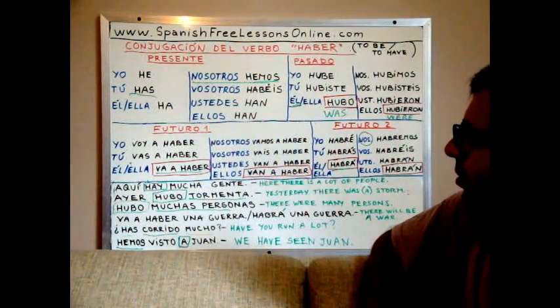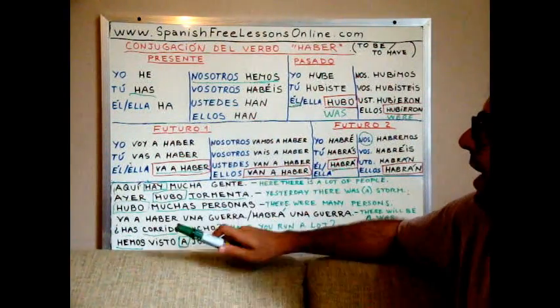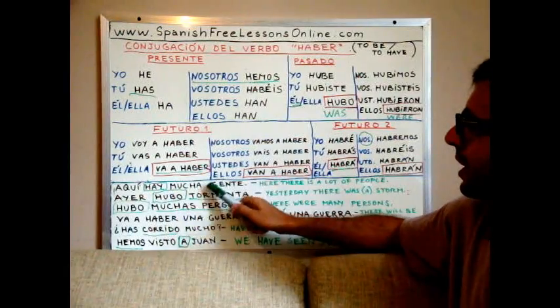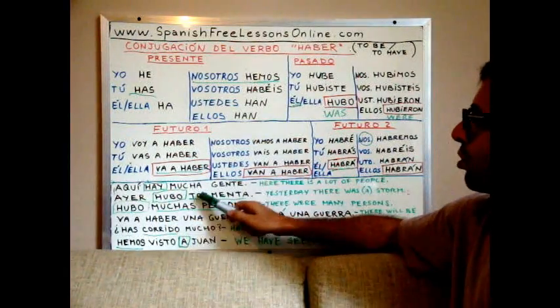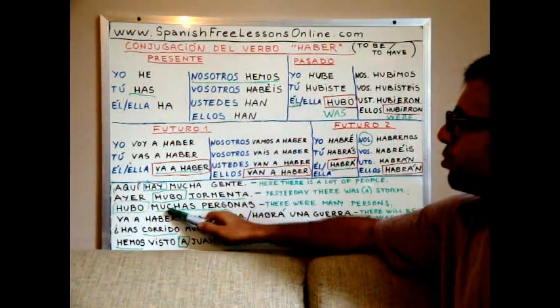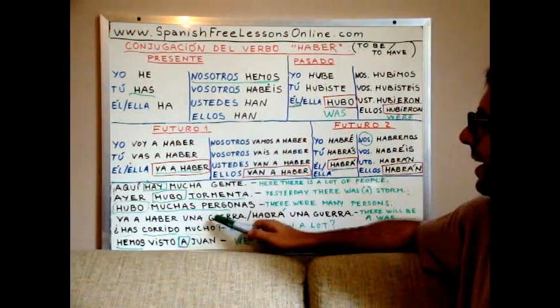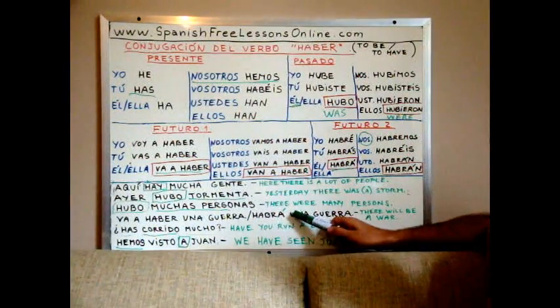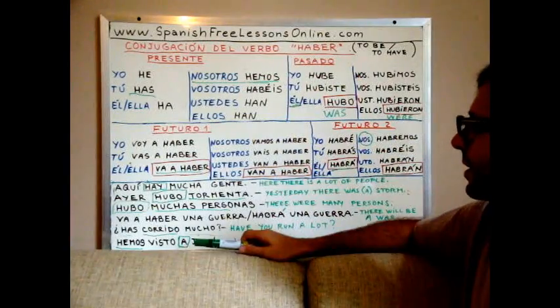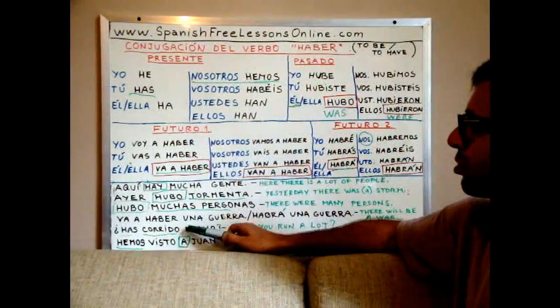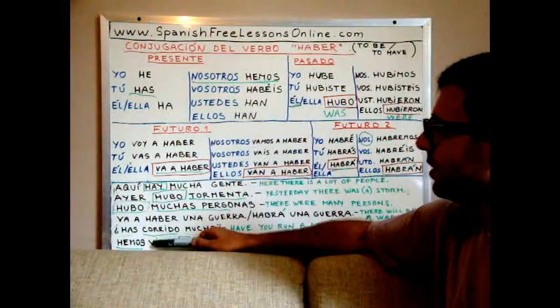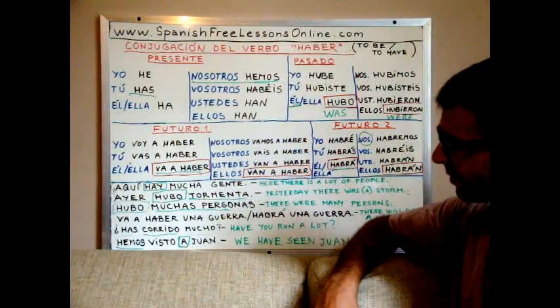Okay, so we have aquí hay mucha gente, ayer hubo tormenta, hubo muchas personas, va a haber una guerra, or habrá una guerra. ¿Has corrido mucho? Hemos visto a Juan.